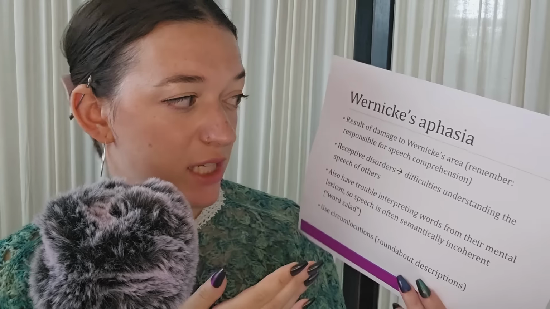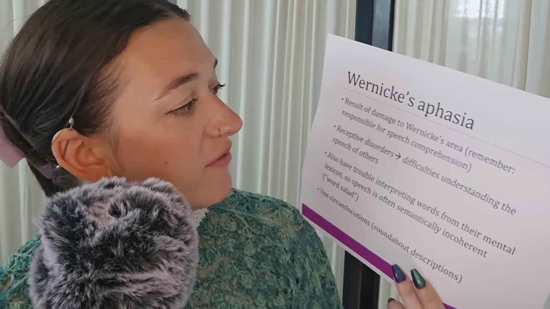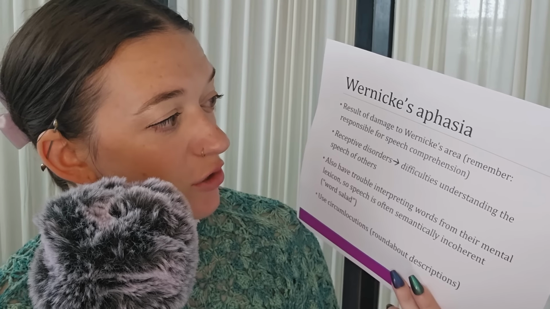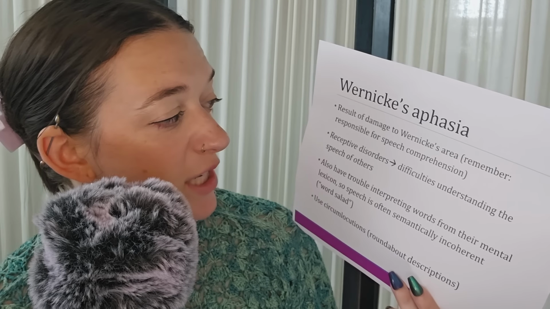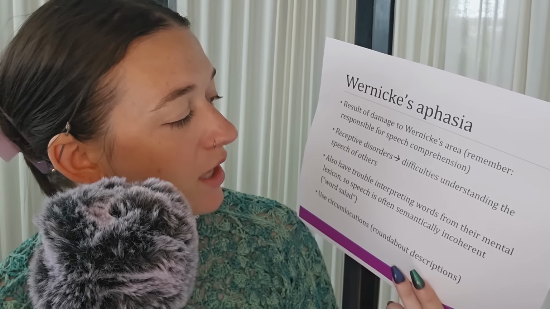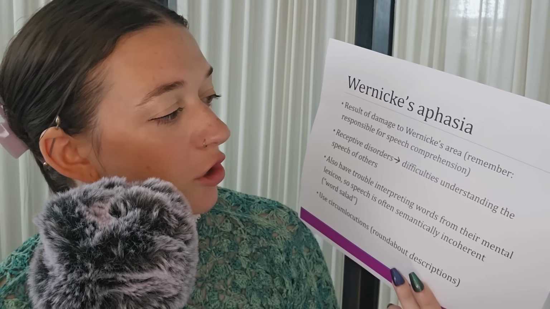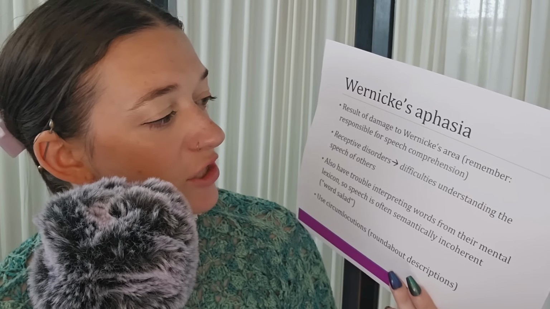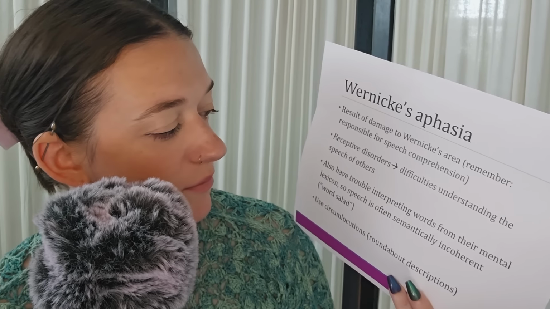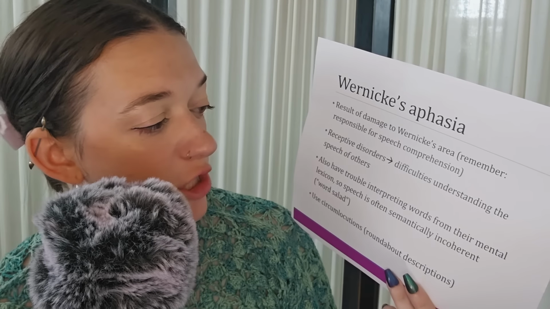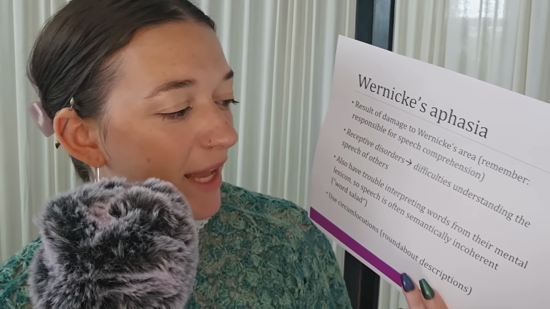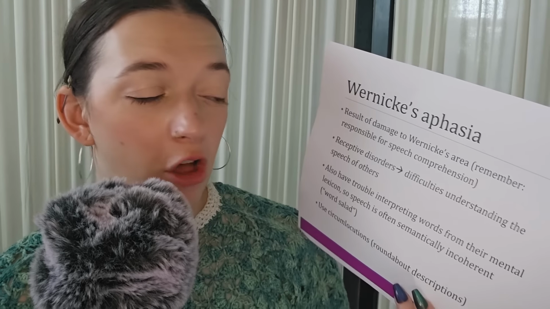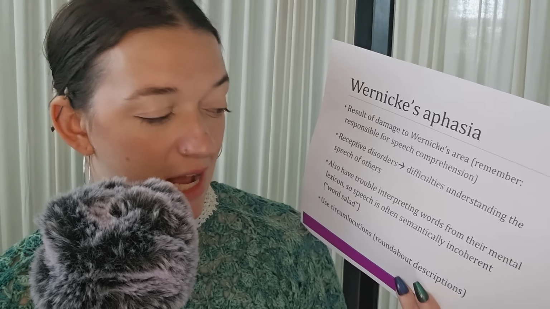Contrast this then with Wernicke's aphasia. Wernicke's aphasia is the result of damage to the Wernicke's area, which is responsible for speech comprehension. And this is a disorder that results in difficulties understanding the speech of others. They may also have trouble interpreting words from their mental lexicon, and so speech is often semantically incoherent, otherwise known as word salad.